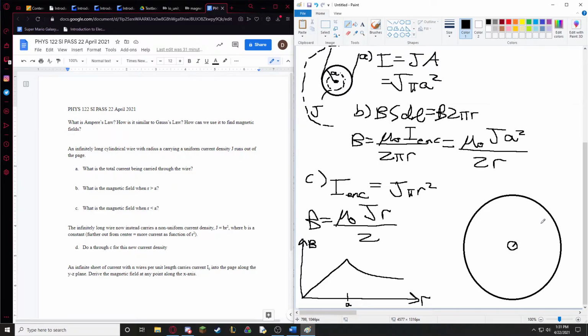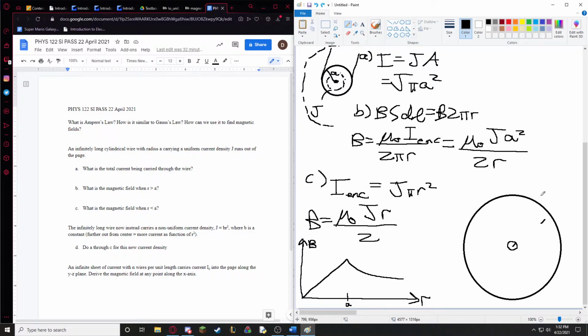Instead, if we increase the same distance, but all the way out here, we have this entire ring of cross section that ends up increasing. So as we go further out in our wire's cross section, each incremental increase in radius adds increasing amounts of surface area, which means increasing amounts of enclosed current.